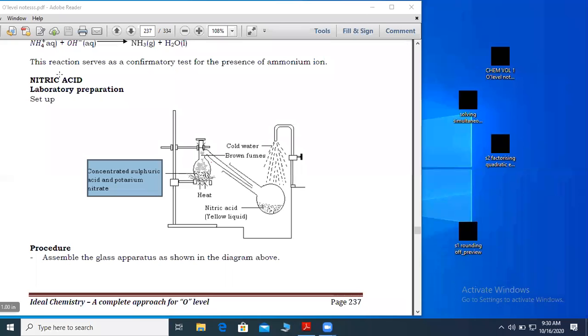When you heat a mixture of concentrated sulfuric acid and potassium nitrate, nitric acid is formed, but you will see some brown fumes. I'm saying those brown fumes are due to partial decomposition of nitric acid to nitrogen dioxide. I told you in chemistry, it is only one gas that forms brown fume.